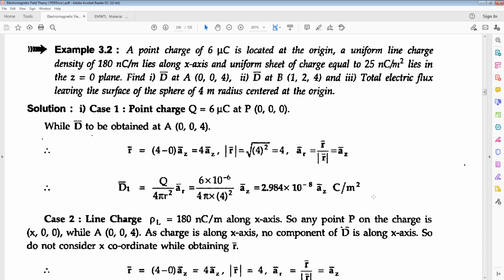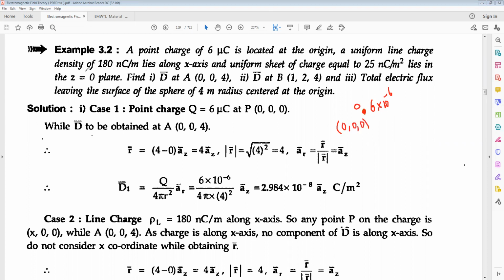Find the D bar. Okay, what they're asking here: a point charge of 6 microcoulomb, micro means 10 power minus 6, is located at the origin. Let us take the origin O as 0, 0, 0.